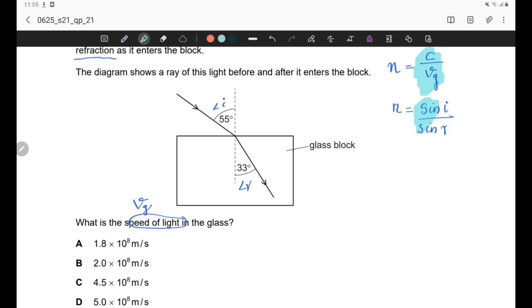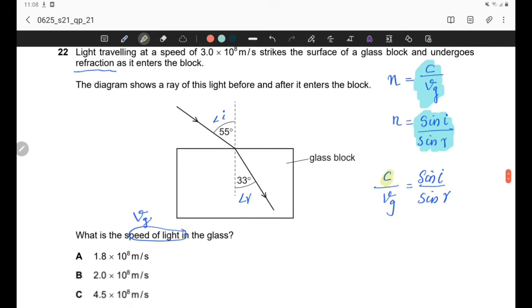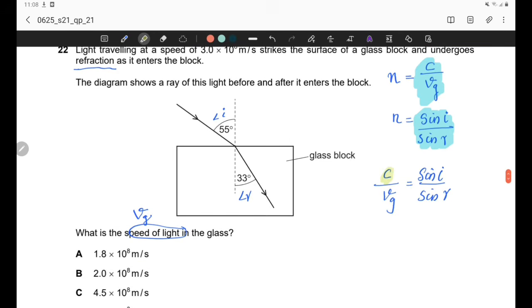So we can equate the RHS of both the equations. So we will get speed of light in vacuum over speed of light in glass is equal to sine of angle of incidence over sine of angle of refraction. In this question, the speed of light in the air is given, the angle of incidence and angle of refraction are given.